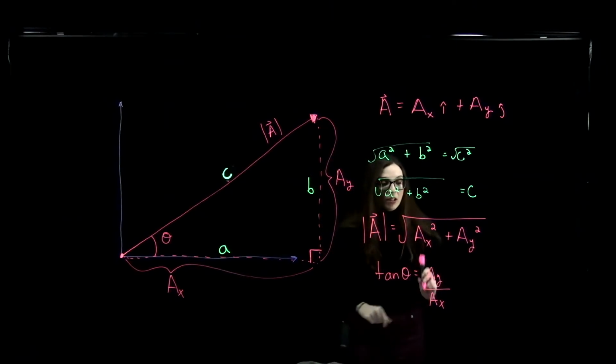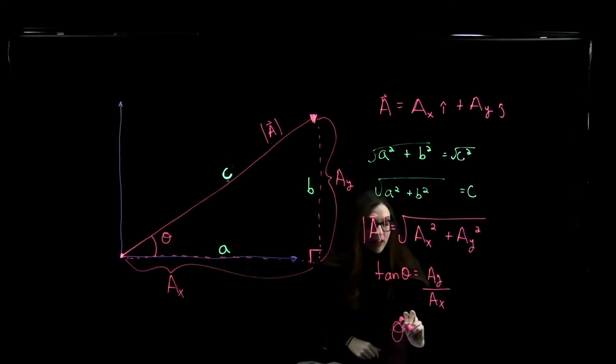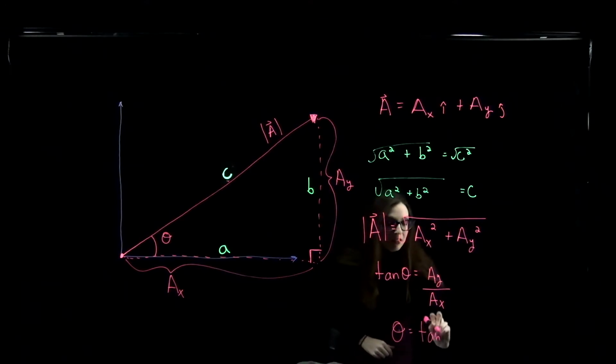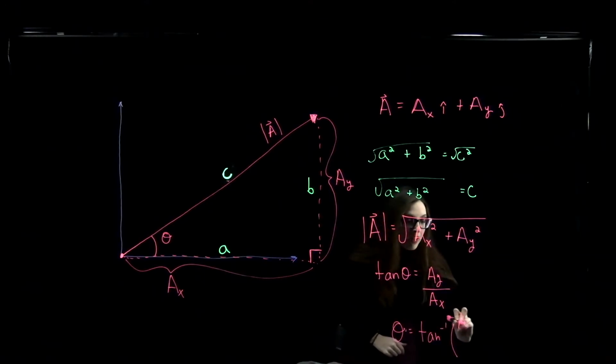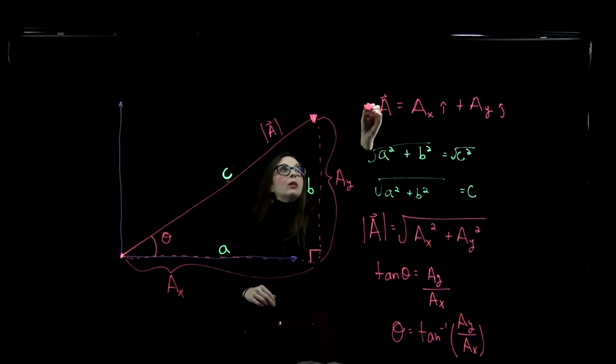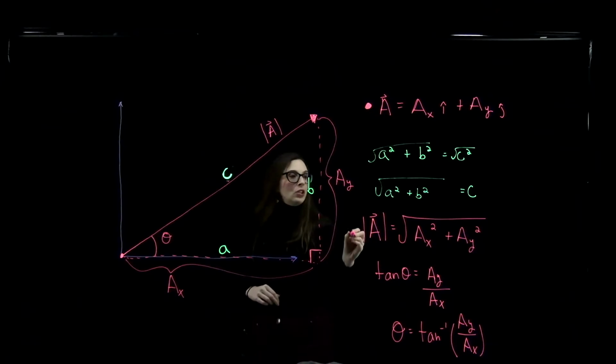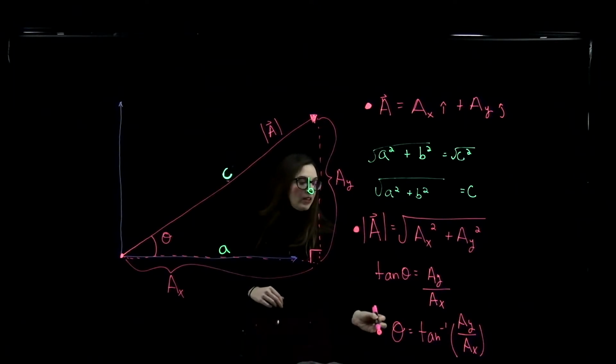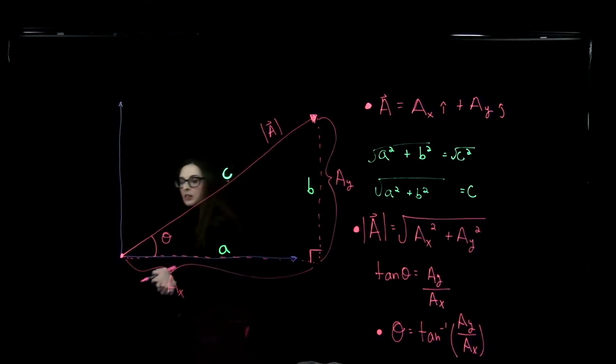I can take the inverse tangent of both sides, so my angle theta is the inverse tangent of Ay over Ax. So to recap, we saw how we can write this vector in unit vector notation. We saw how we can find the magnitude of this vector. We saw how we can find the angle that this vector is with respect to the positive x-axis.